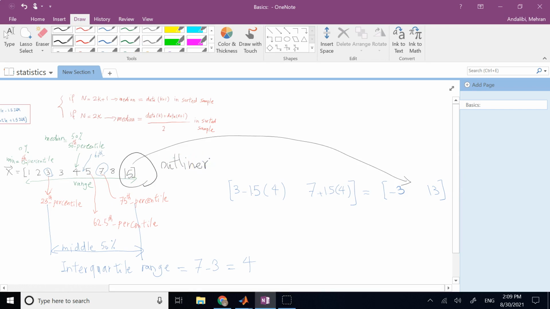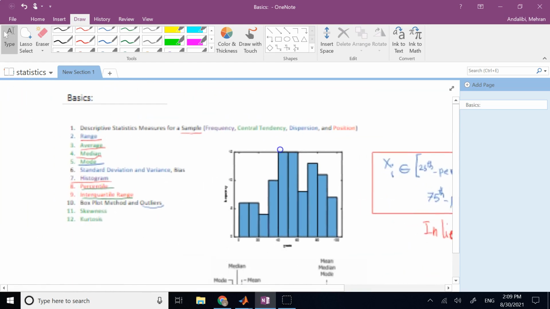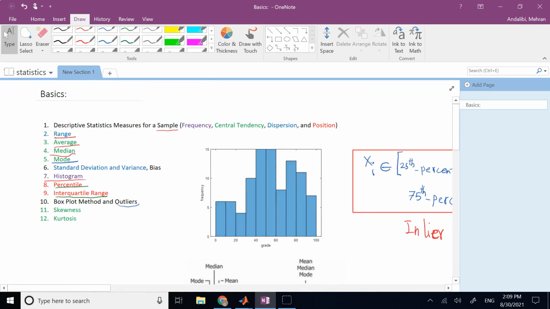And what do we do to outliers? One of the typical things we do is try to not include them in our analysis. Like when we want to calculate the average, we calculate the average of the inliers only and neglect the outliers. The median is not that sensitive, but the average is.